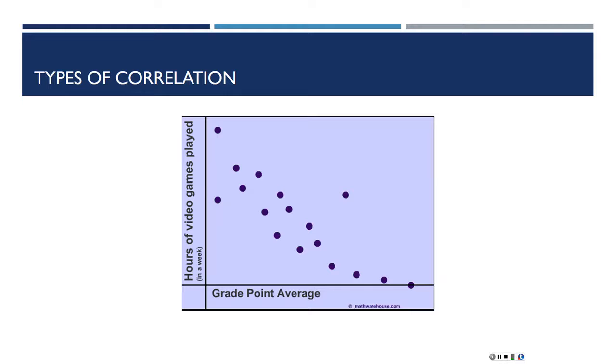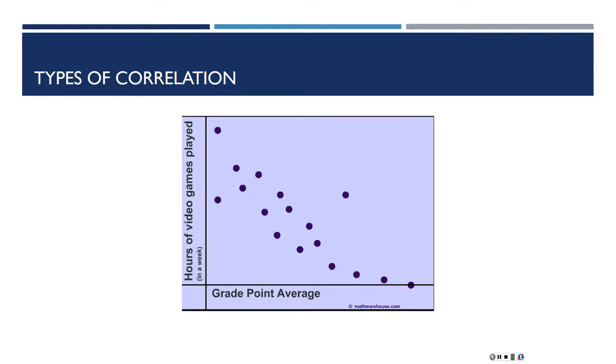This is a graph of grade point average and the number of hours that you play video games. What's going on? Starts out high, which means you spend a lot of time playing video games.